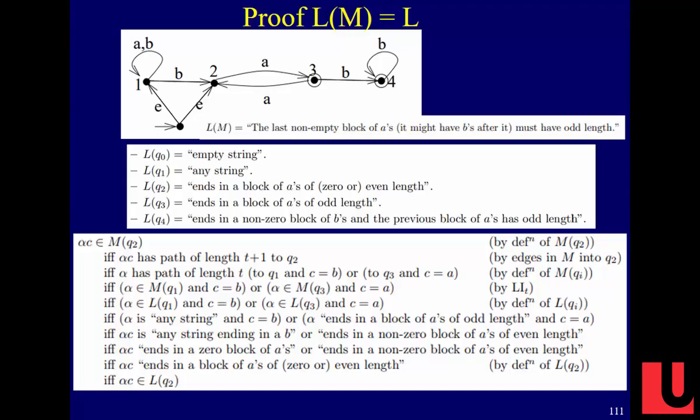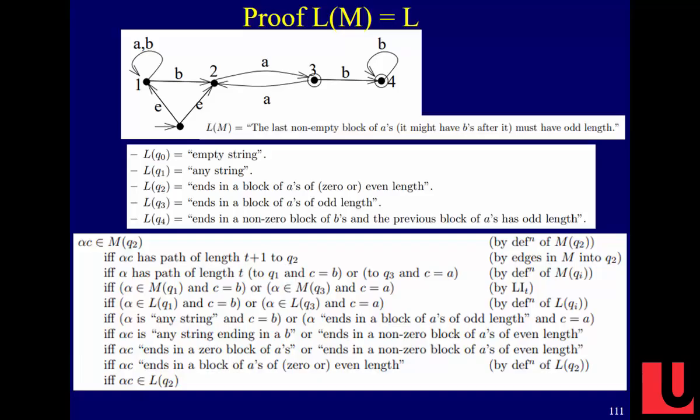Our goal is to prove that for every state and every string, these sets are equal. This string has a path if and only if it has this meaning. And this shrinks it down to just strings of length T. We're going to prove this by induction.